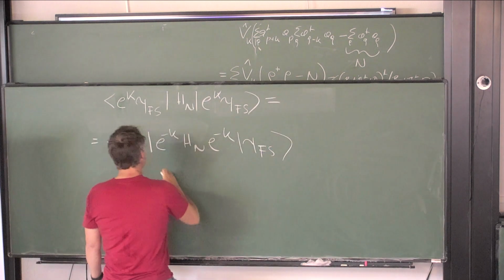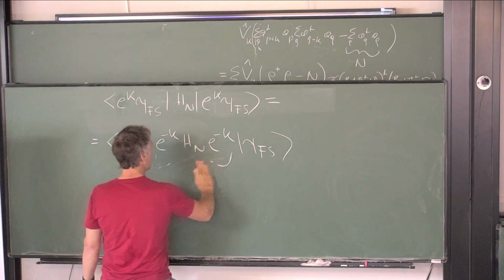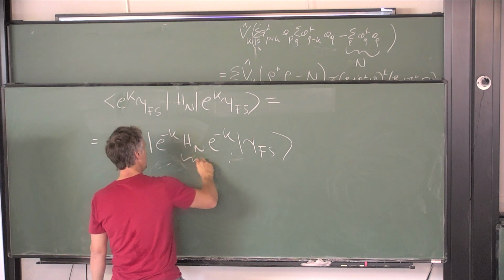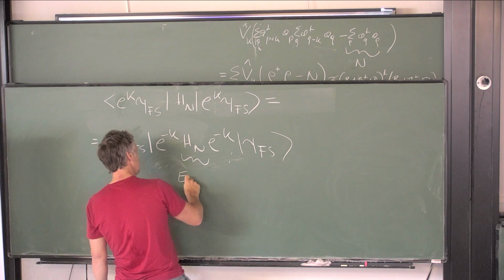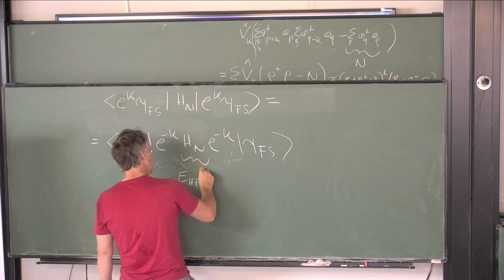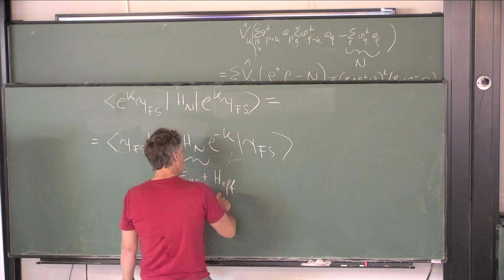And now what you get, so what was H_N? First of all, it is the energy of Hartree-Fock. Then it is the effective Hamiltonian I told you.